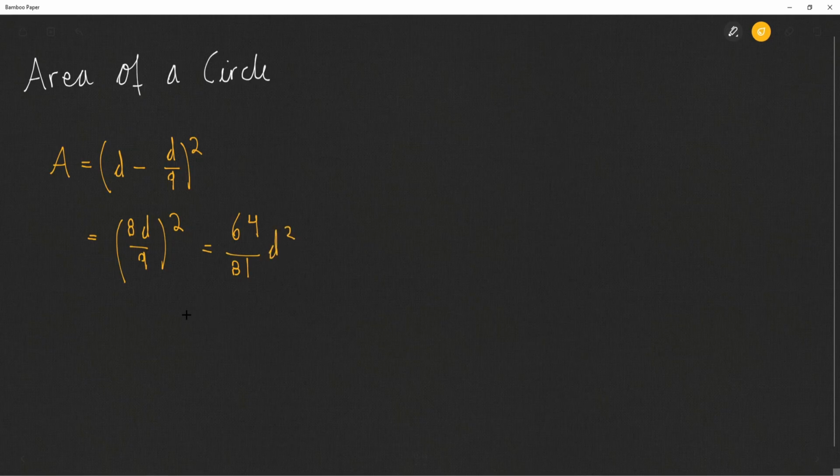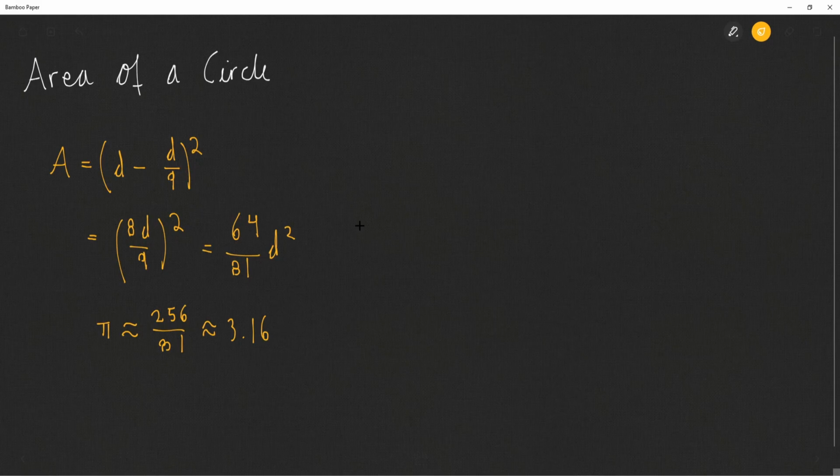This would correspond to pi being approximately 256 over 81, which is approximately 3.16, impressively close to the real value of pi, 3.14159 and continuing.